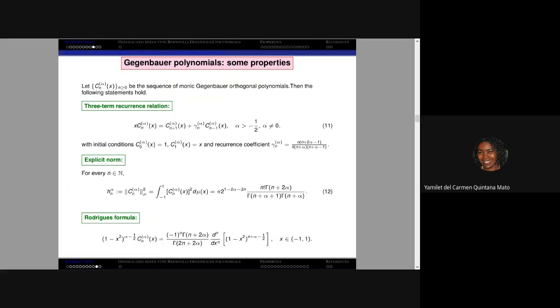Remember that the three-term recurrence relation and Rodrigues formula represent an equivalent definition of the Gegenbauer polynomials with respect to the definition via the orthogonality relation, right?